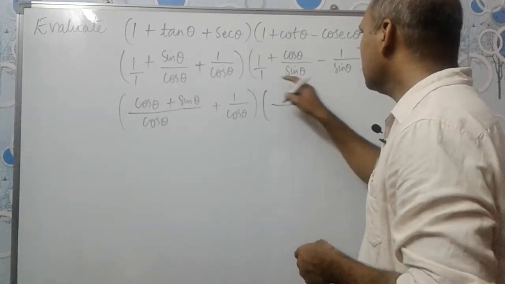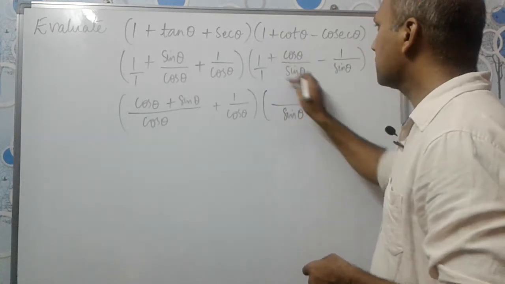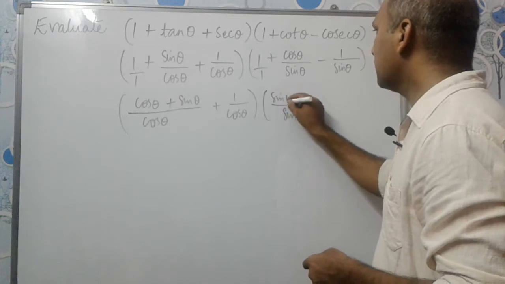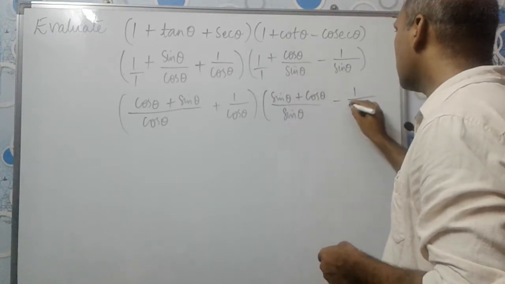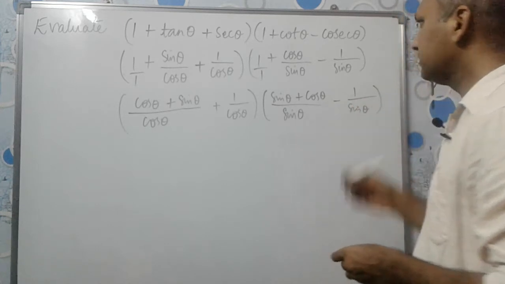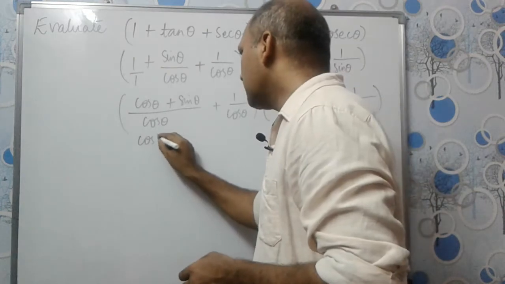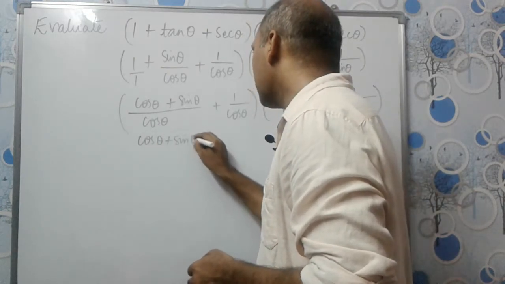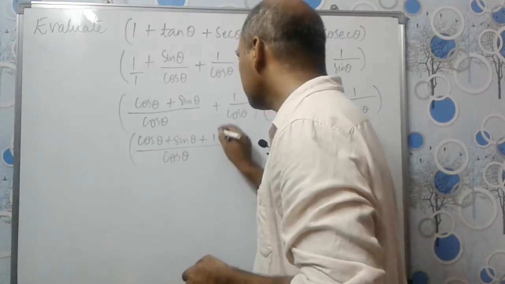And what about this one? 1 into sin is sin. We are simplifying these two terms. Cross multiply 1 into sin is sin, plus cos into 1 is cos theta, minus 1 by sin theta. So this is actually equal to cos plus sin plus 1 divided by cos theta.